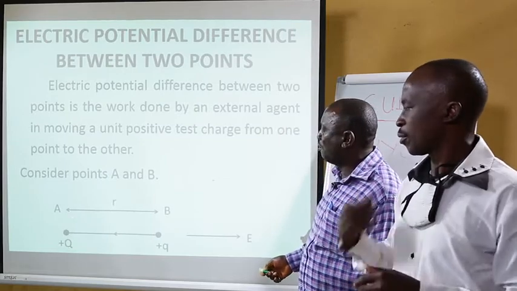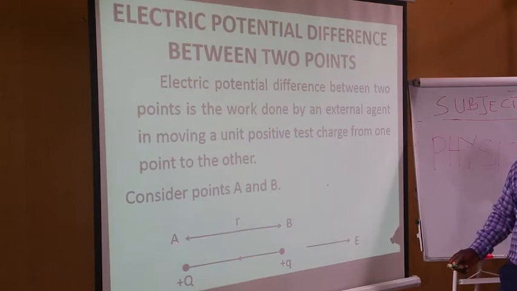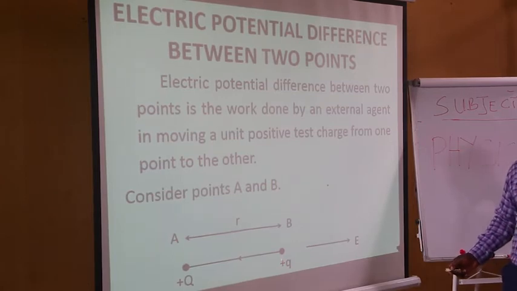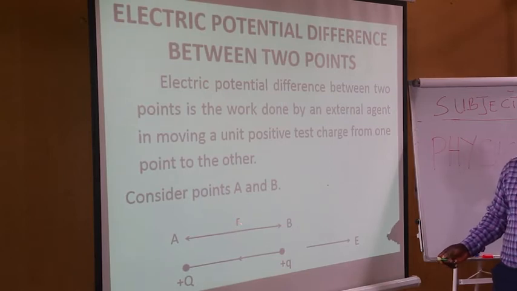This positive charge plus capital Q is at point A. At point B we have another positive test charge, plus small q, and the distance between the two charges is small letter r.